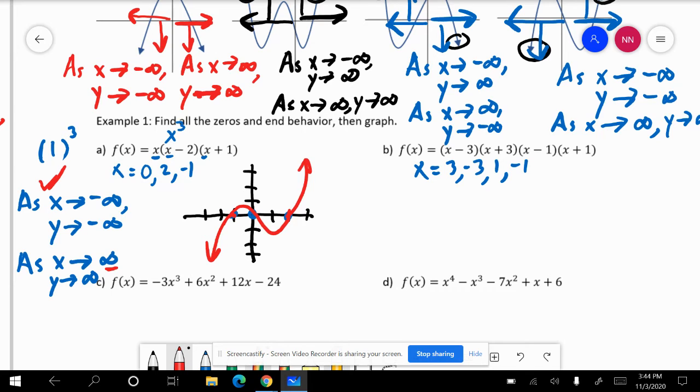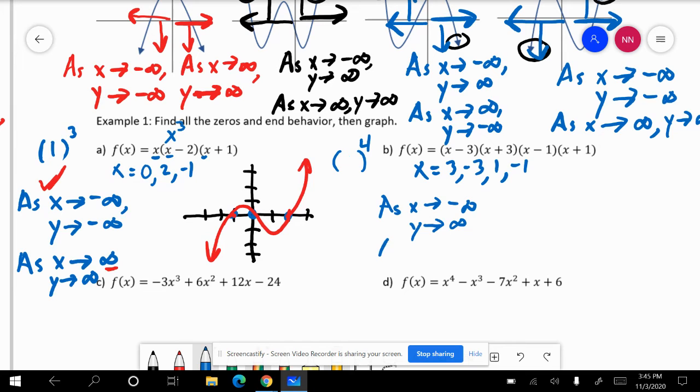So if we're looking at B, we're going to find our end behaviors as x approaches -infinity. Notice that there are 4 x's, so that would be x to the 4th. If we think of this numerically, if we plug in a -1, 4 negatives make a positive, so y approaches infinity.